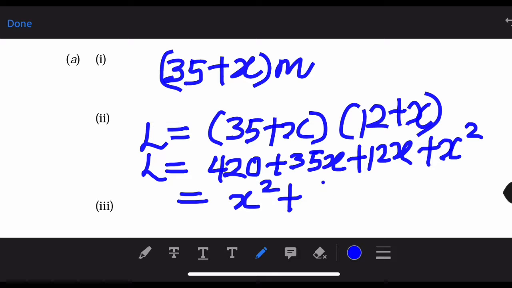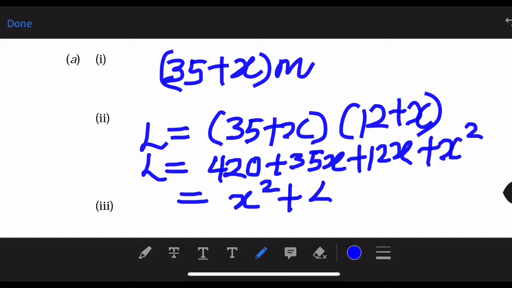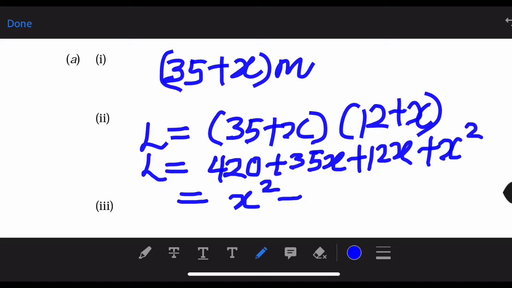Okay, so this is a question on section C. It's about the budget. Okay, so we have another one, which is the last part. Pak Mau wants to build a fish pond in the shape of a quarter circle centered at the point S on the land.